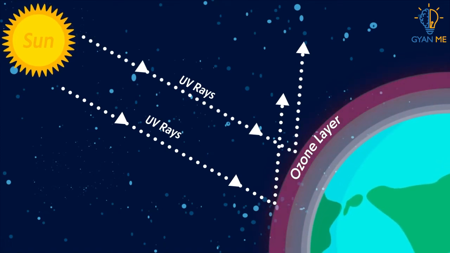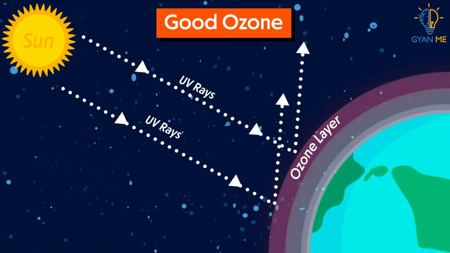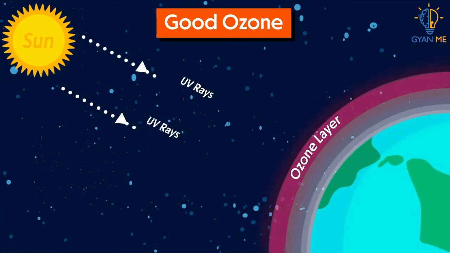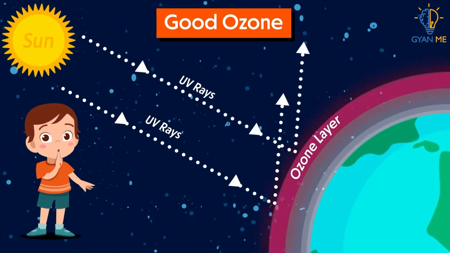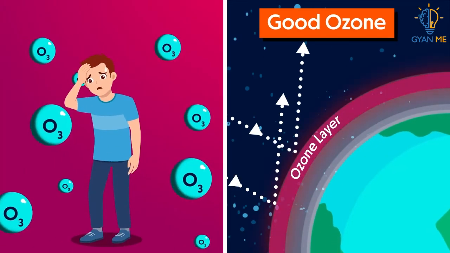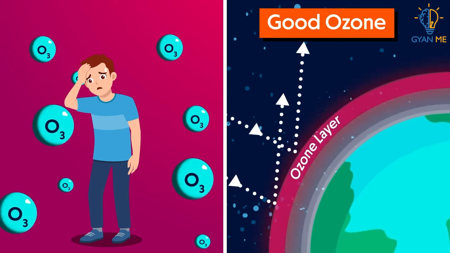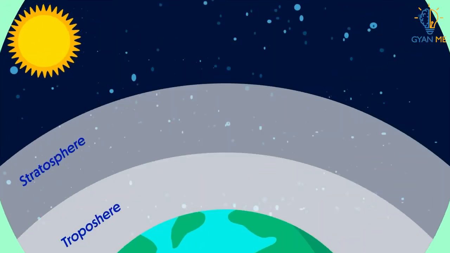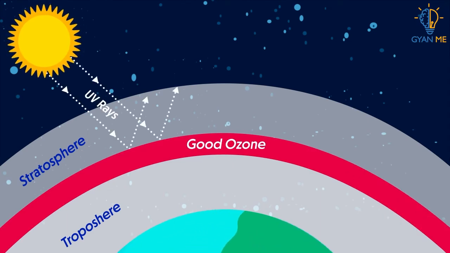Atmospheric ozone is sometimes also called good ozone because of its protective role against UV rays. Confused? Just a few seconds before I said ozone is dangerous and now we said ozone is good. Let us understand. The atmospheric ozone is a good ozone because it protects Earth from UV rays of sun.